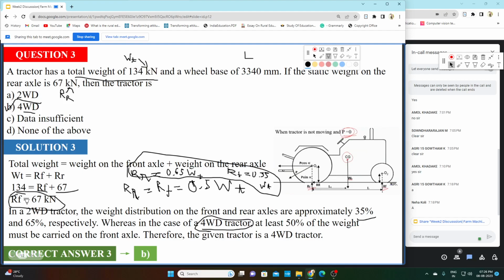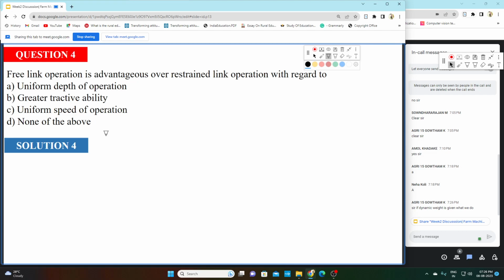Similarly RF is also 67 kilonewton, that is 0.5 into WT. So this is the characteristic of a four-wheel drive tractor. So your correct answer is B. Okay, so let's move on to the next question.